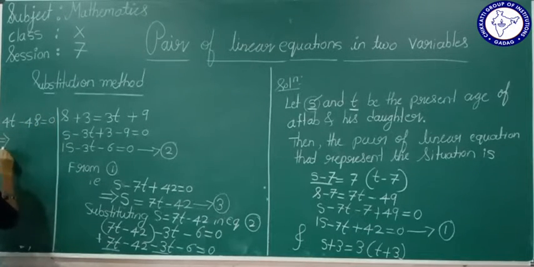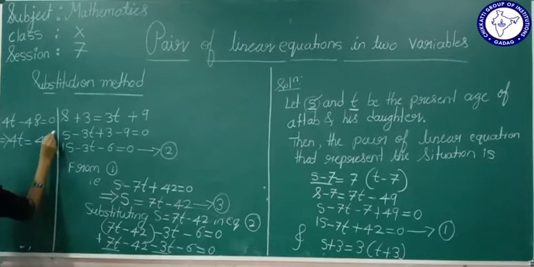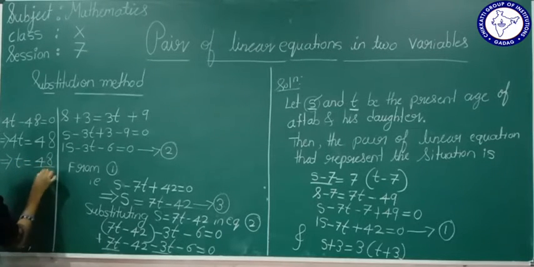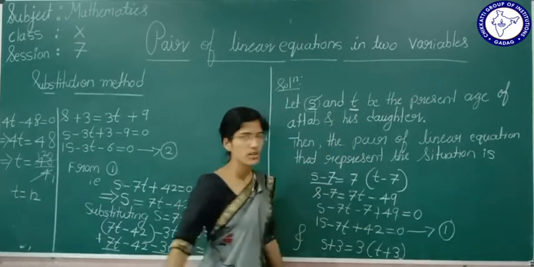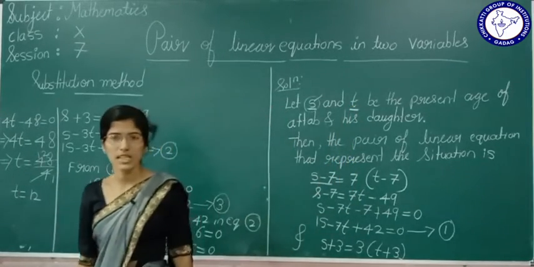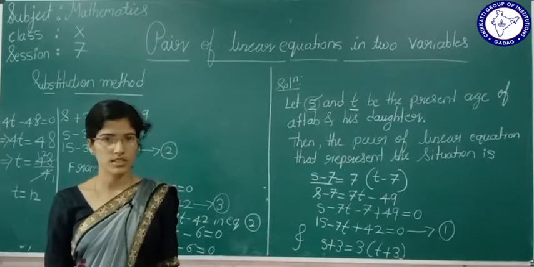So this implies 4t is equal to 48. This implies t is equal to 48 divided by 4. 4 ones are 4, 4 twelves are 48. T is equal to what? 12. What is T? T, daughter's age we got. The daughter's present age is 12 years.